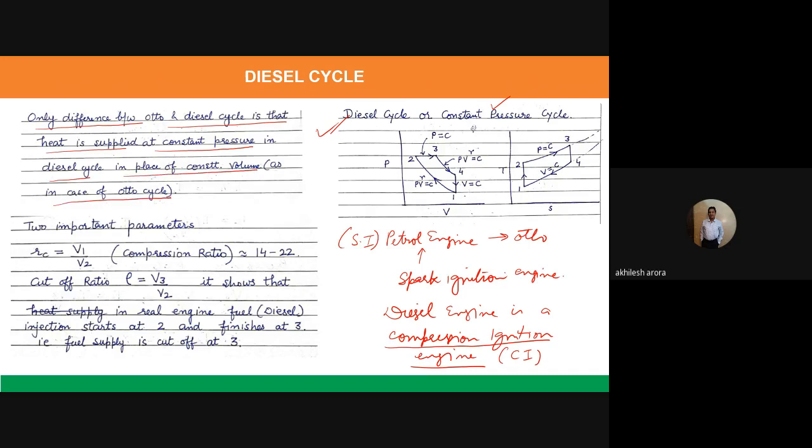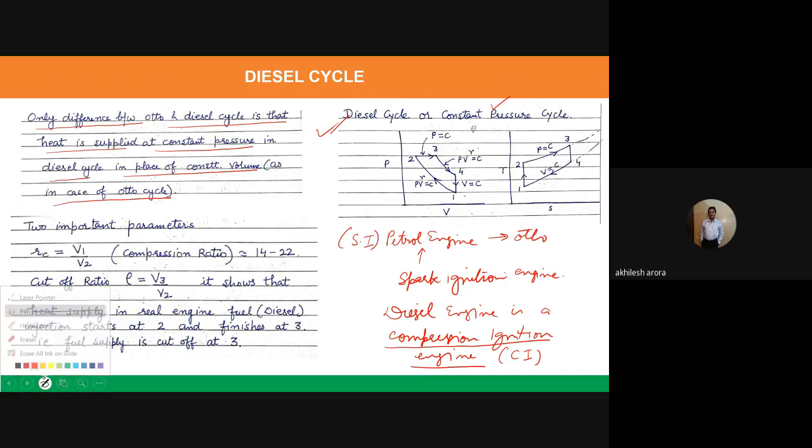As I told you, in the Otto cycle the heat is supplied at constant volume and rejected at constant volume, so both processes were happening at constant volume. But in the diesel cycle the heat is supplied at constant pressure, whereas the heat is rejected at constant volume, and the remaining two processes are the same as in the Otto cycle.